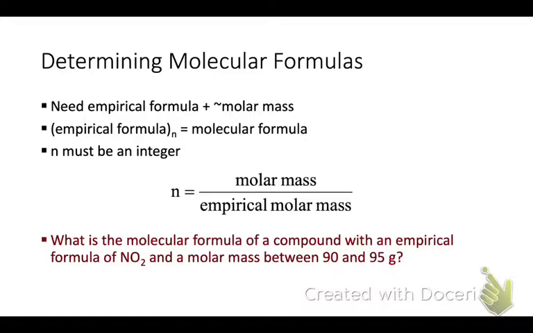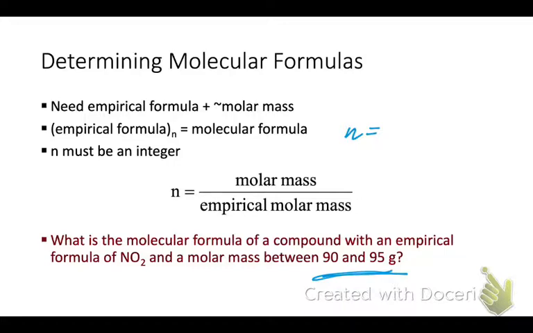So here is a question. What is the molecular formula of a compound with an empirical formula of NO2 and a molar mass between 90 and 95? So what I need to calculate really is N. N equals the molar mass. Did they give us the molar mass? Well, they give us the range. So a lot of students will ask me, what am I supposed to use?